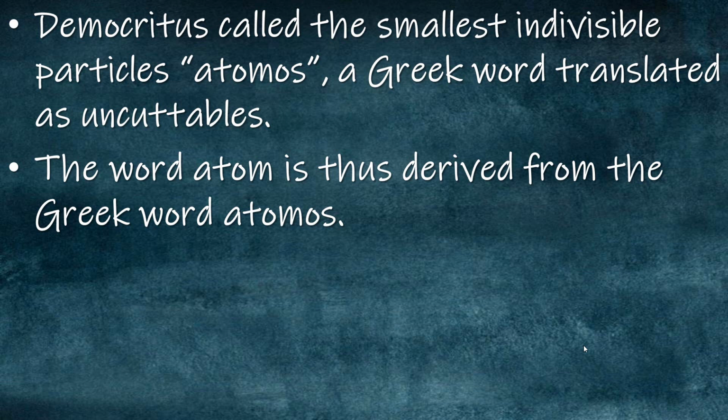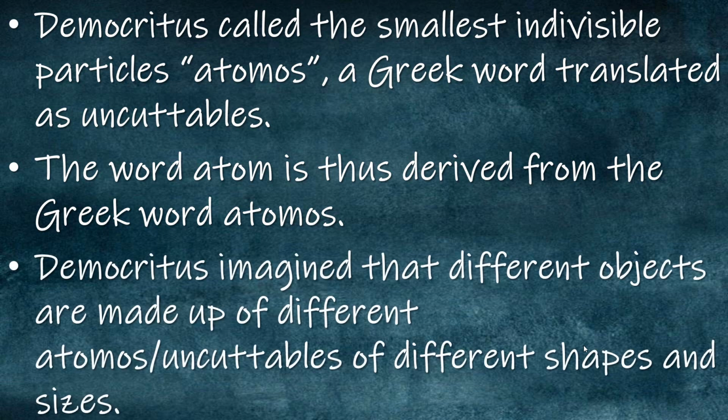So the word atom is derived from the Greek word atomos, which means uncuttable. Now, Democritus imagined that different objects are made up of different atomos of different shapes and sizes.